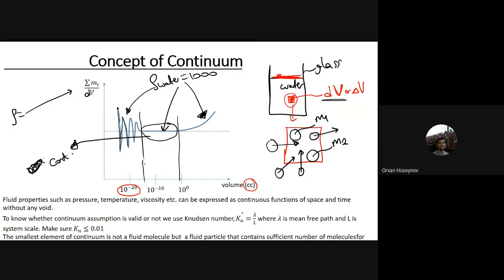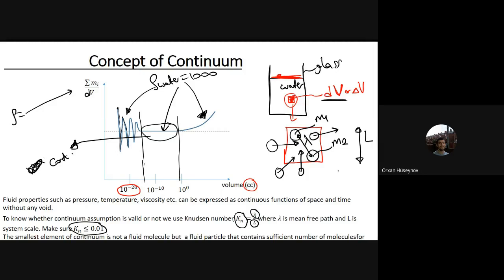And when is continuum analysis valid? It is valid if the Knudsen number is much smaller than 0.01. Okay, the Knudsen number is lambda, which is the distance between molecules, divided by the length of your system scale. In this case, if this is my system, the length of my system is L, and the distance between any two molecules, this molecule and that molecule, is lambda.